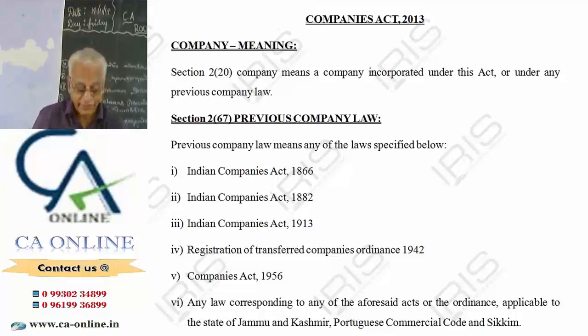The last one, any law corresponding to any of the aforesaid Acts, any act corresponding to any of the aforesaid acts or ordinance applicable to the state of Jammu and Kashmir, Portuguese Commercial Code and Sikkim. These are called the previous company law. This is the definition of company.